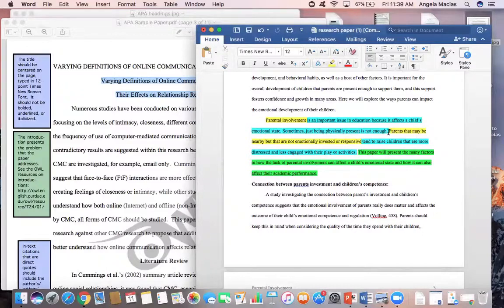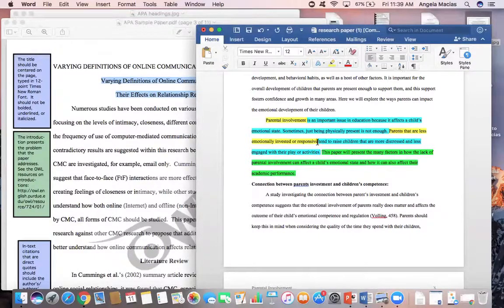So we could say parents that are less invested, and that would be enough to simplify this because it's a little confusing. Parents that are less emotionally invested, maybe that would be better. Maybe we could try that. Let's say parents that are less emotionally invested or responsive tend to raise children that are more distressed and less engaged with their play or activities.